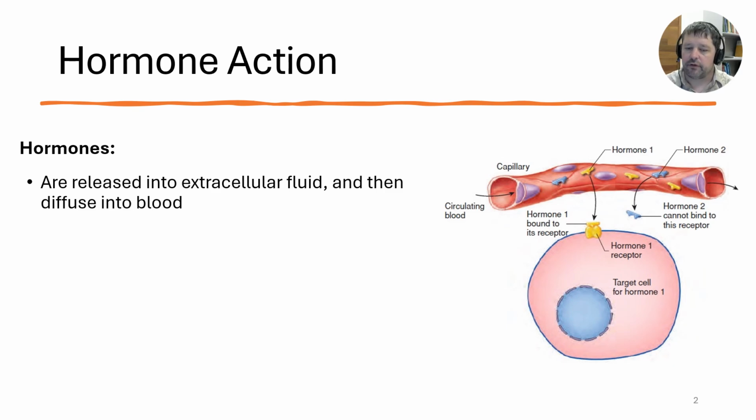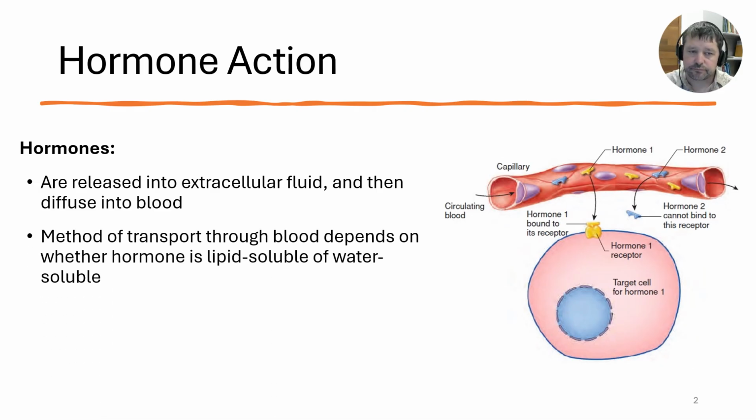Sometimes this would be within, say, the dermal layer or the dermis layer. In between connective tissue, you might get a release of hormones. But often it's carried by the blood system, so by capillaries, veins, to targeted areas.